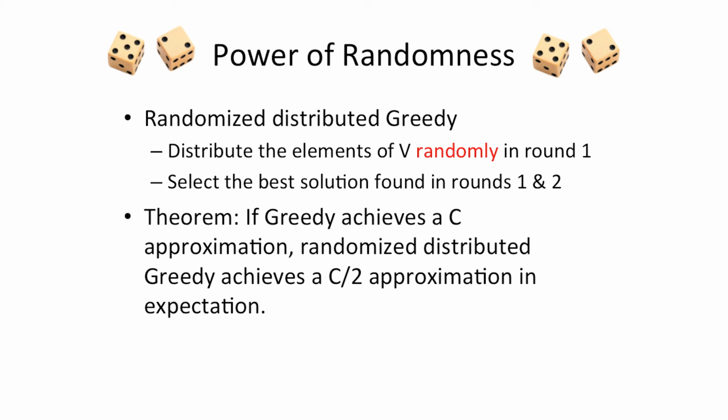So in our work, we analyze this algorithm and show that essentially, whenever the sequential greedy algorithm achieves a good approximation, then this distributed greedy algorithm achieves an approximation guarantee that is no worse than a factor of 2. Okay? So in the next few minutes, I'll try to tell you a little bit about how we do this analysis. This actually turns out to be quite simple in general.